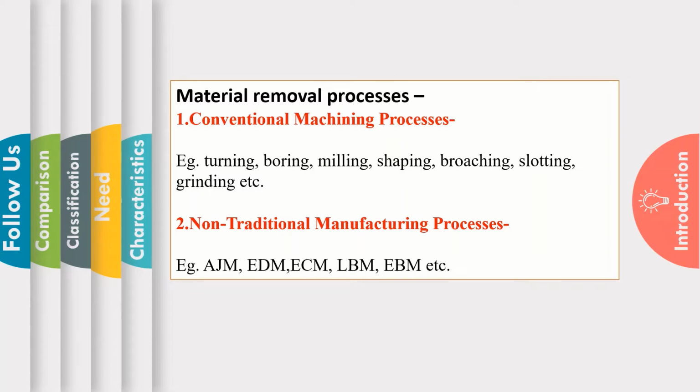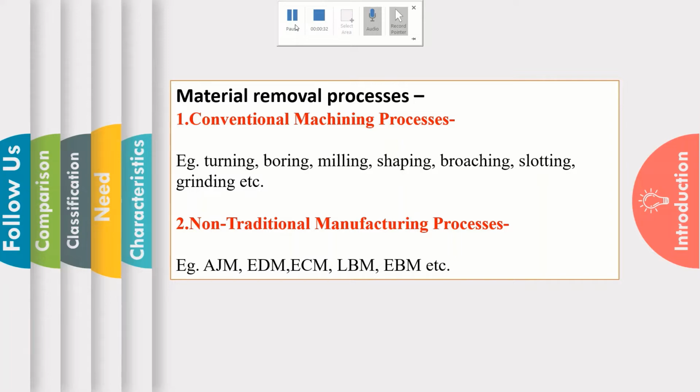And the second group of material removal processes are the non-traditional machining processes. It is defined as a group of processes that remove excess material by various techniques involving mechanical, thermal, electrical or chemical energy or combinations of these energies, but do not use a sharp cutting tool as needs to be used for traditional manufacturing processes.